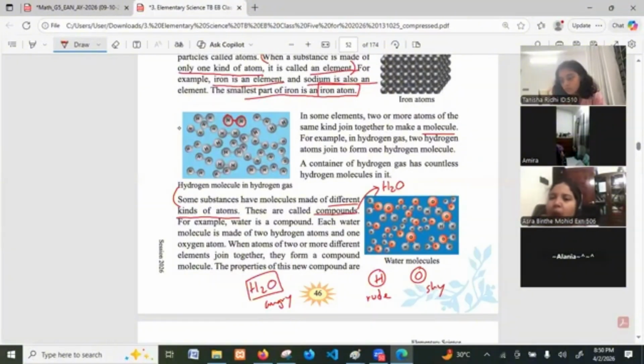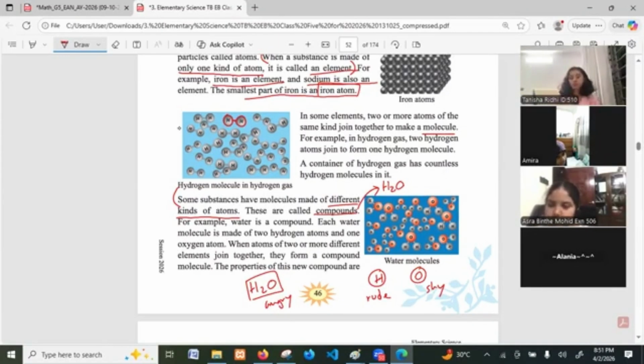So two types of atoms are fusing together and we are getting water. So water is a compound, because it has hydrogen atoms and oxygen atoms. So when a substance has only one type of atom, we call it an element, and if the substance has multiple types of atoms, then we will call it a compound.